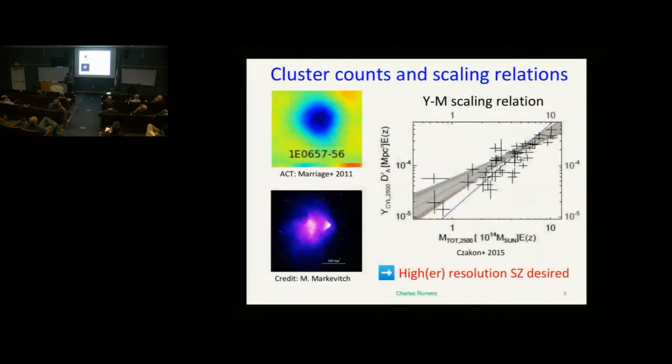All right, so the point is when you're observing galaxy clusters in a survey mode, you don't have very good resolution of your galaxy clusters. So this is the Bullet Cluster with ACT, and this is the famous picture of the Bullet Cluster in X-ray, right? You have a massive bow shock, another shock there, but in ACT it looks pretty spherical.